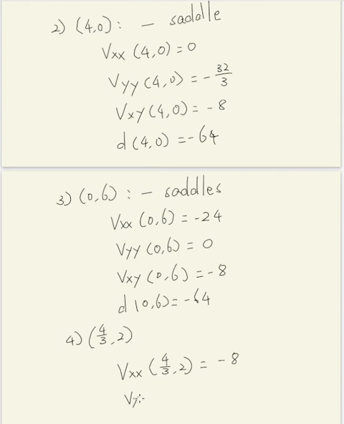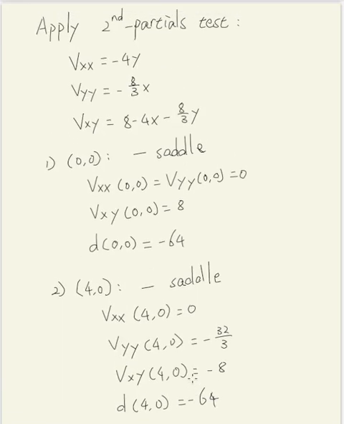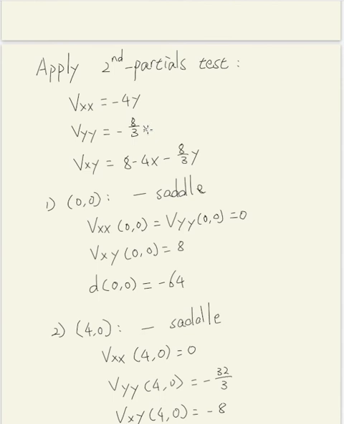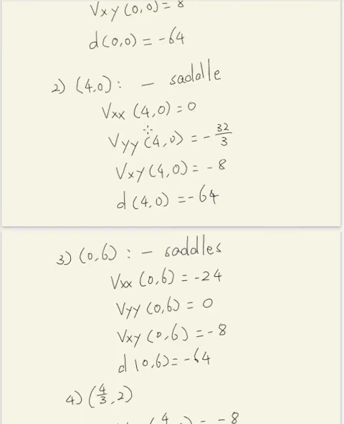And Vyy at 4 over 3, 2, plugging in 4 over 3 and 2, we get minus 32 over 9.